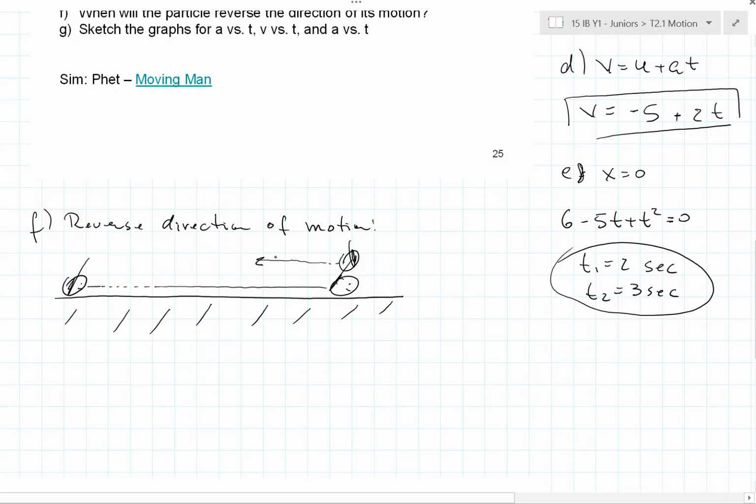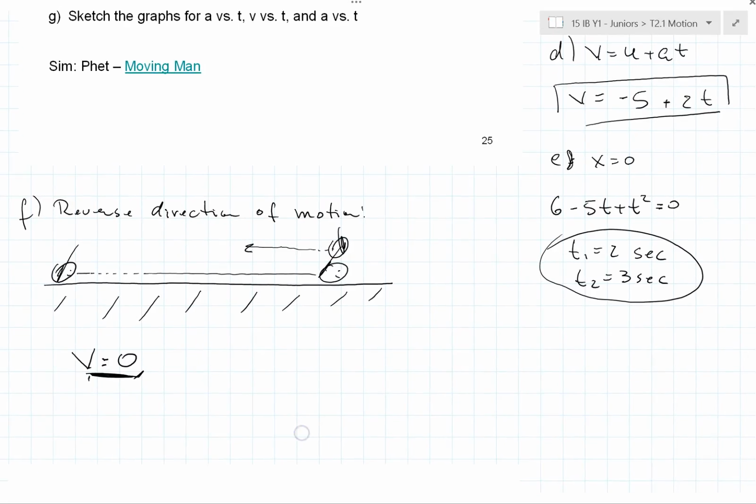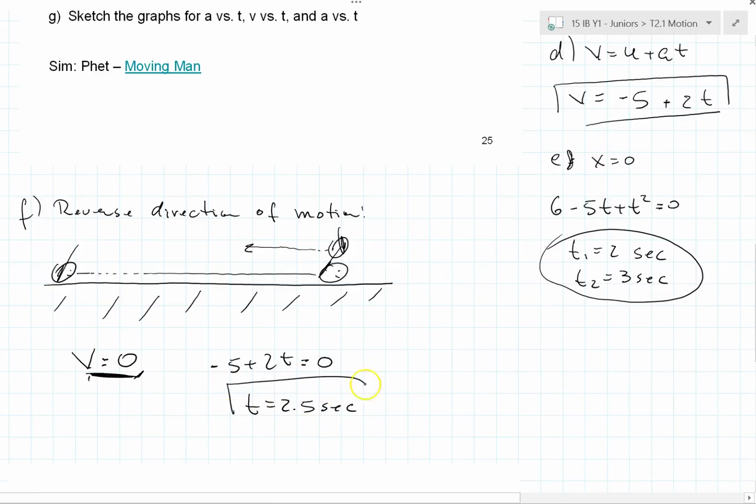So reverse direction of motion implies that the velocity must be momentarily 0 and must go from positive to negative or negative to positive. So to find this, I'm just going to get the equation for velocity that we have, -5 plus 2t, and I want to set this equation to be 0. And this is going to give me a time of 2.5 seconds. That would be my reverse direction of motion.